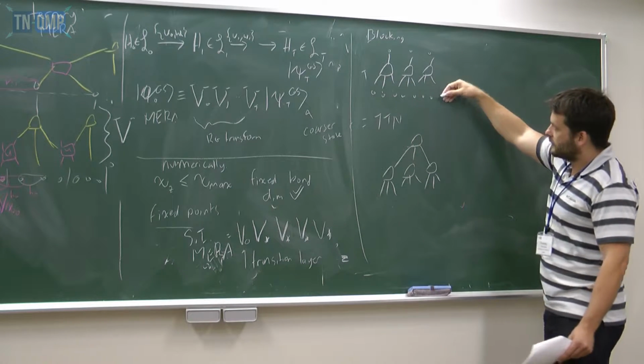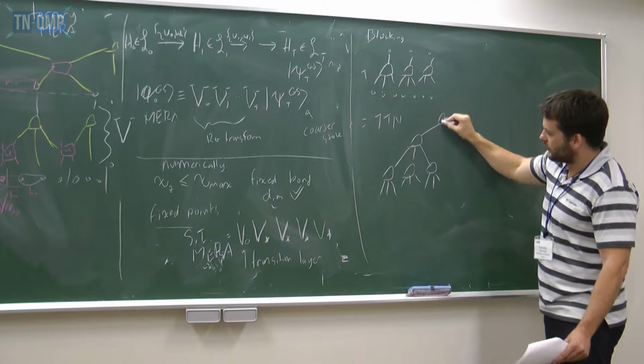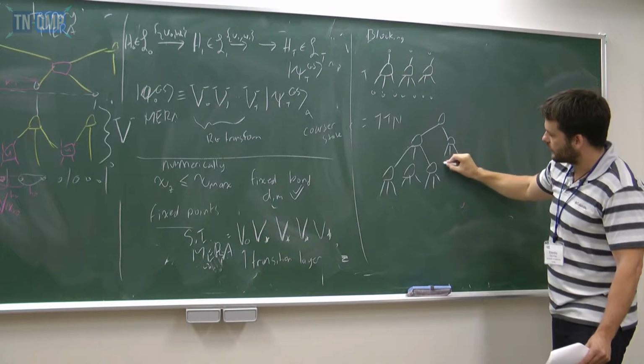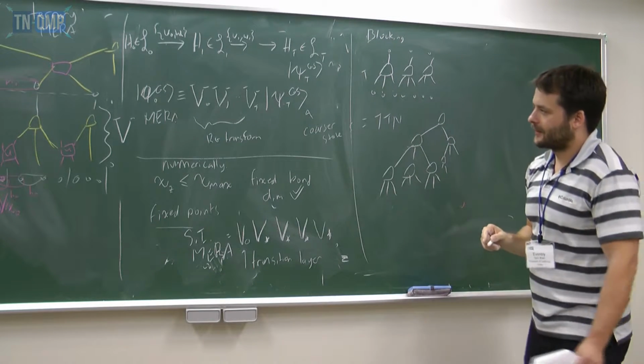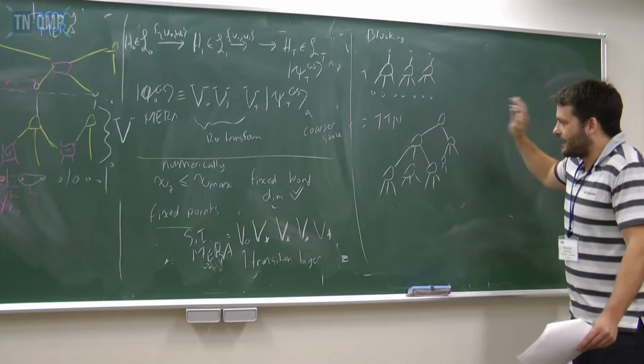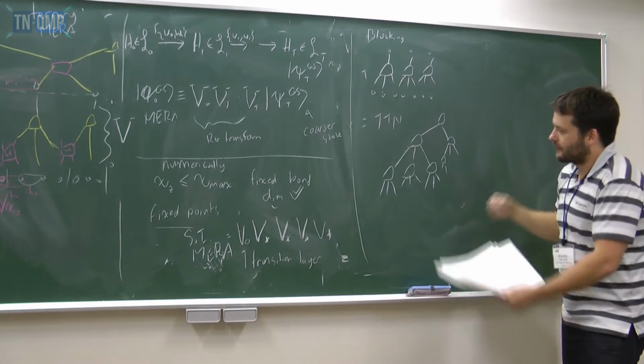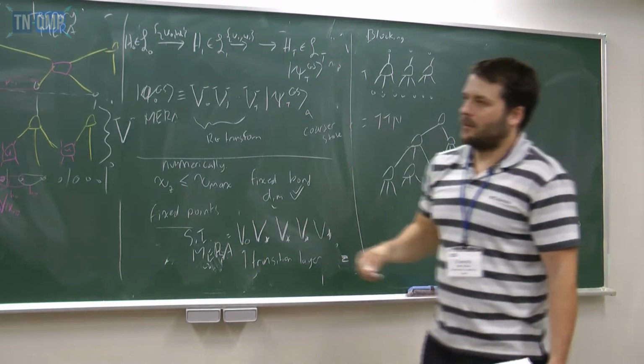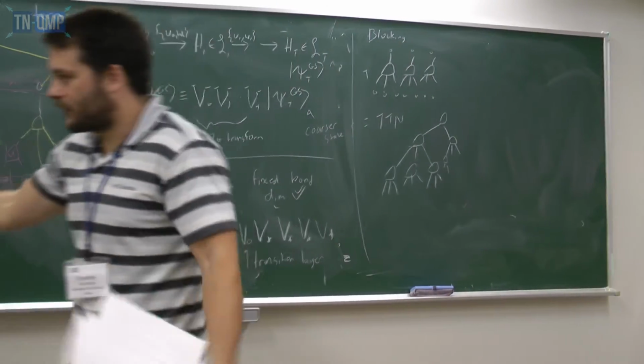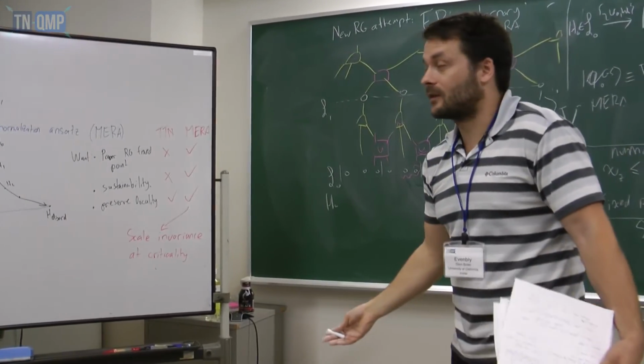So an RG transformation can be interpreted as a particular class of tensor network. This works in a very similar way to matrix product states, or it's roughly equivalent. But if we want to interpret this as an RG transformation, and implement this for critical systems, there are some problems with this.